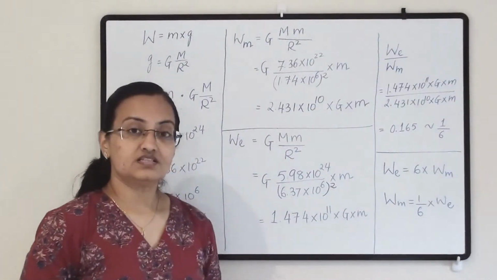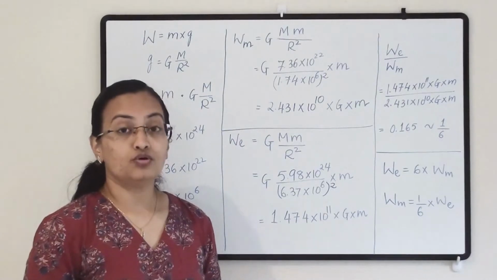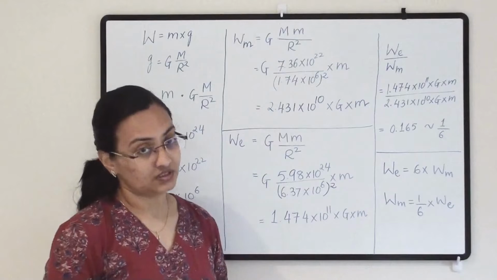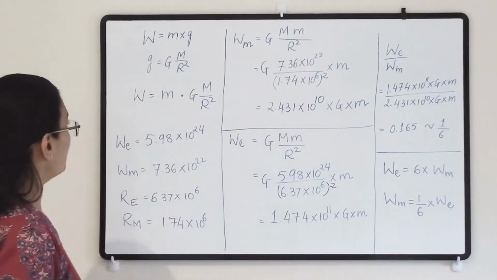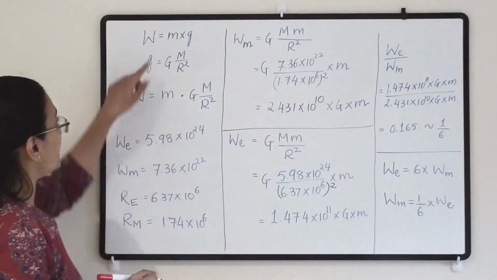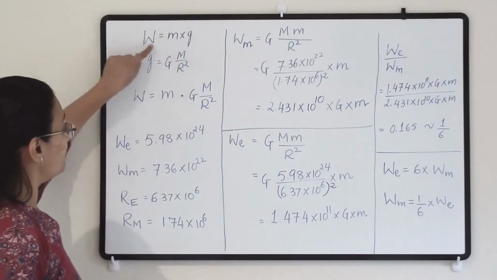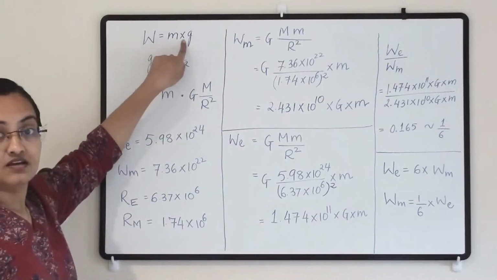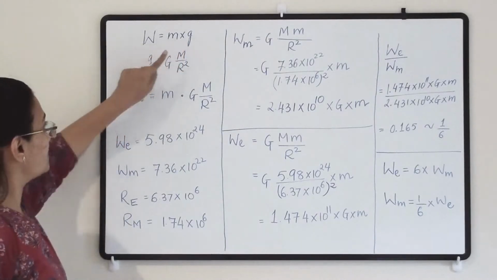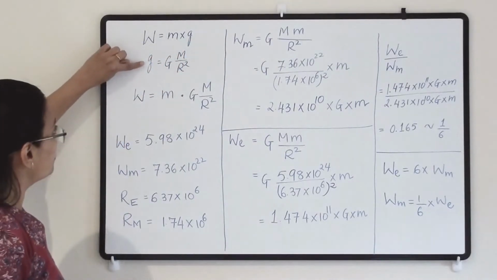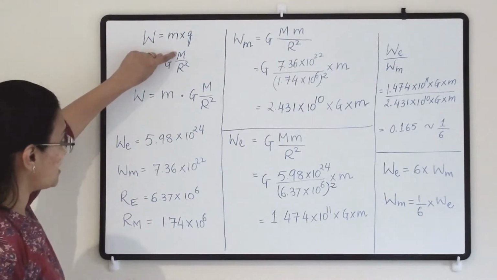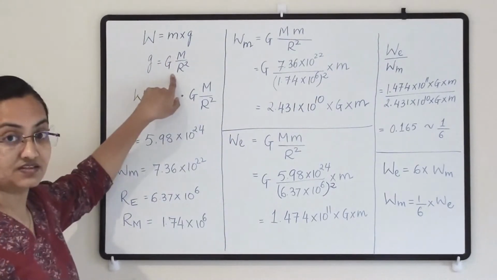Now let us understand how the weight on the moon is 1/6 times that on the earth. We know this equation: W equals m into g. W is weight, m is mass and g is acceleration due to gravity. We also know that g equals capital G times M, the mass of the earth, divided by r square, where r is the radius of the earth.